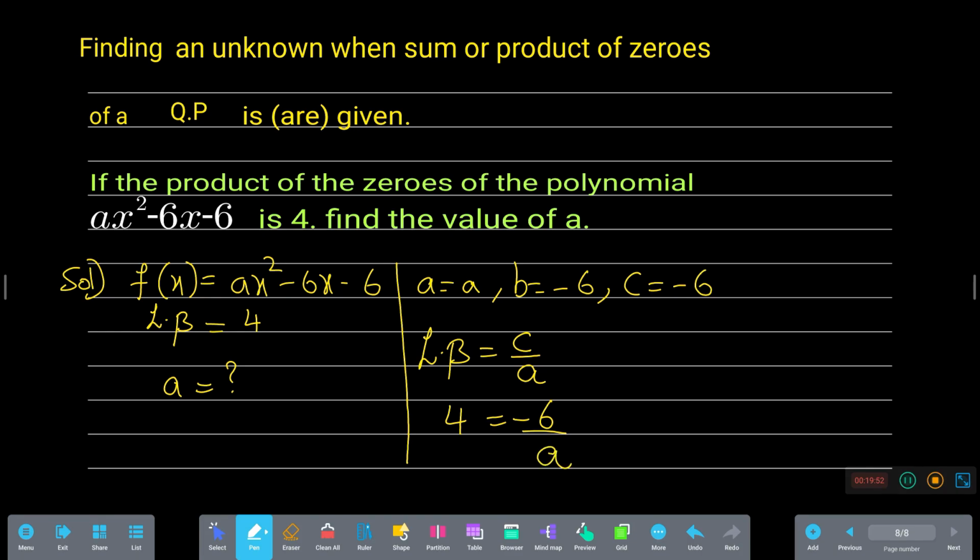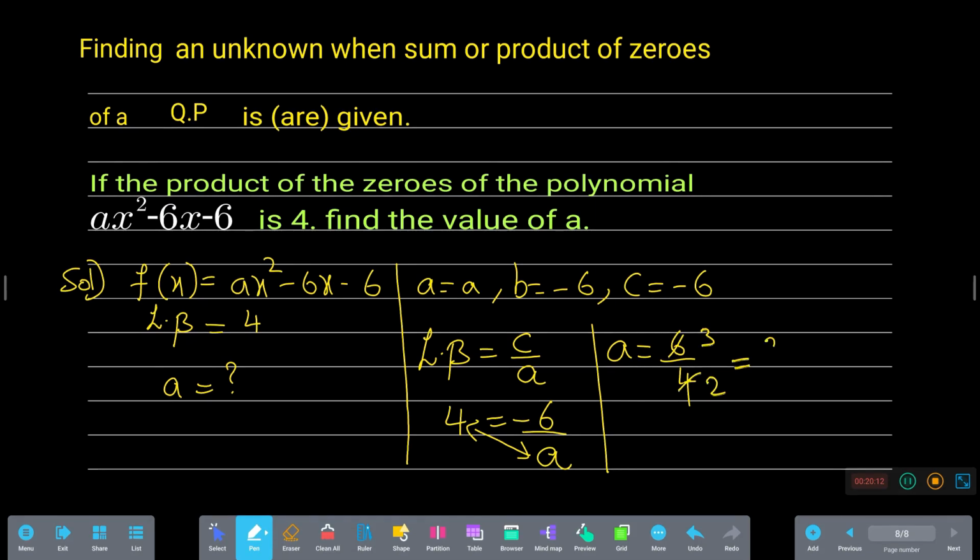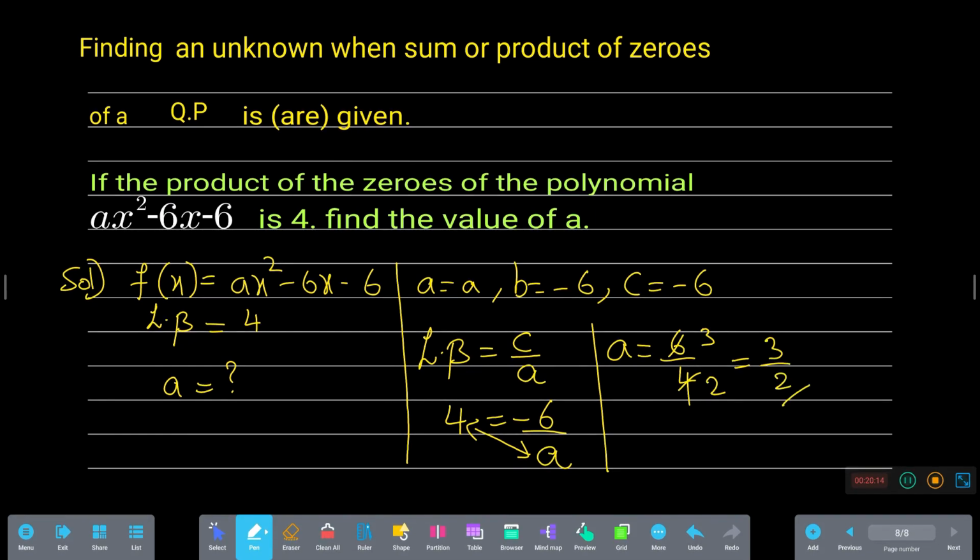We need to find out a. Just a cross multiplication. What happens? This becomes a is equal to 6 by 4. You can cancel by 2. 2 3s are 6, 2 2s are 4. So a is nothing but 3 by 2.